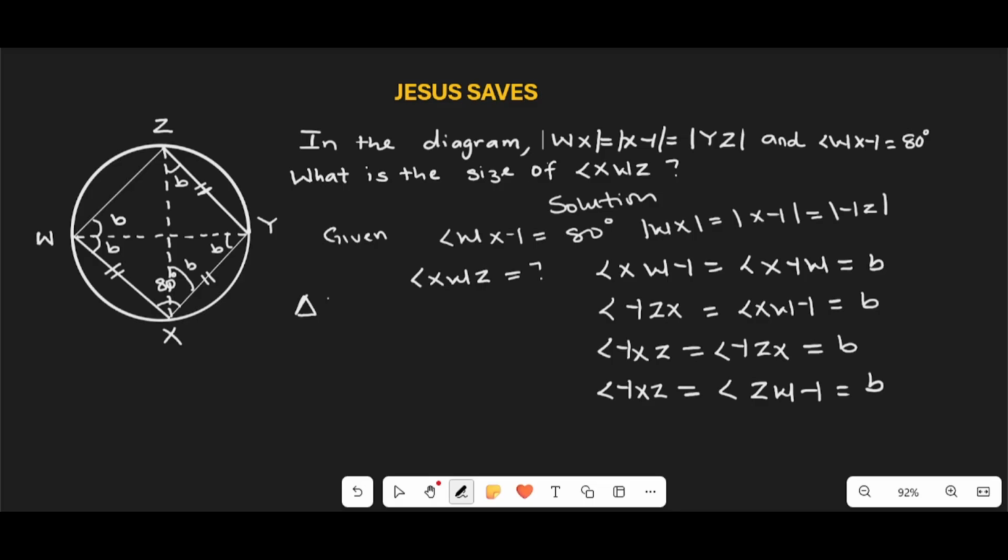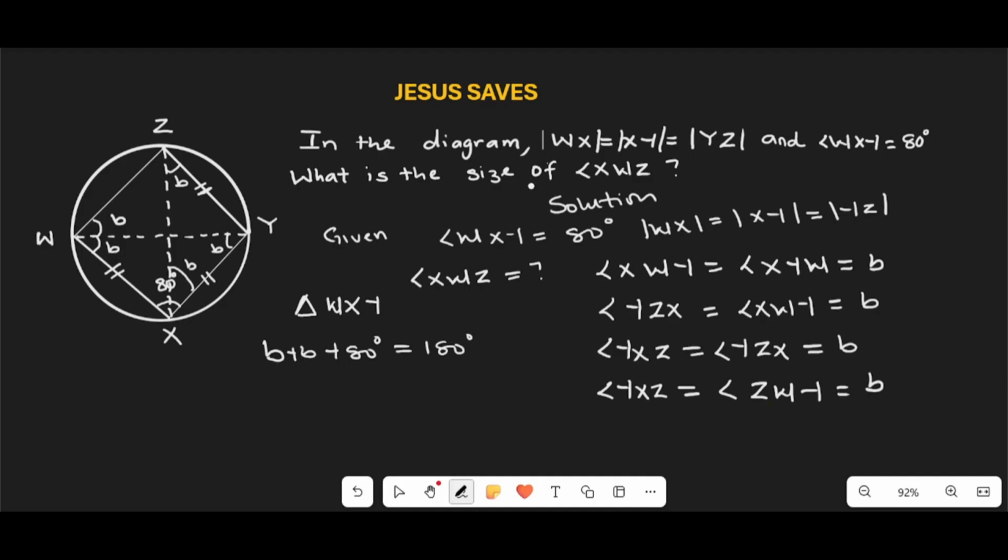Triangle WXY. And the algebraic sum of interior angles in a triangle is equal to 180 degrees. So I can say B plus B plus this angle which is given to us to be 80 degrees is equal to 180. B plus B plus 80 degrees equal to 180 degrees.